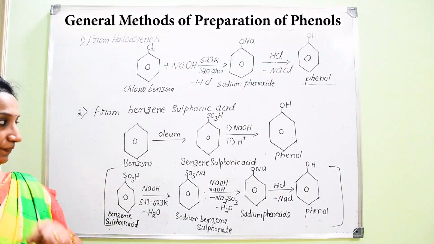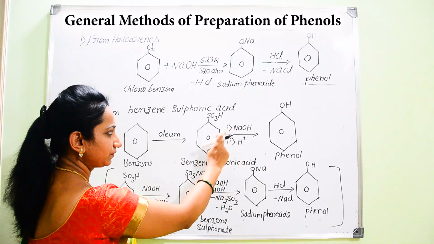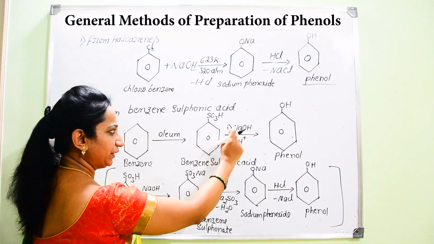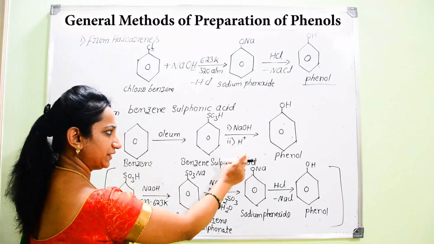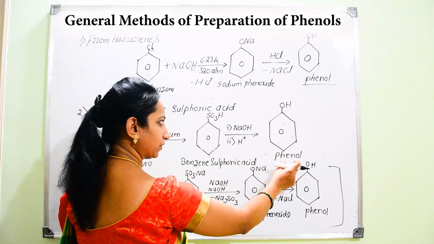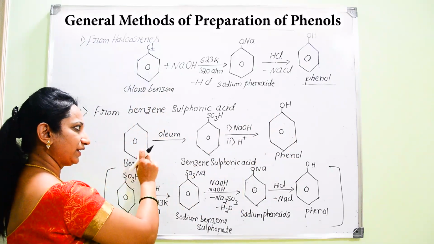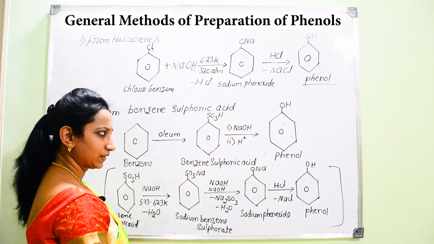And this benzene sulfonic acid, when made to react with sodium hydroxide, followed by acidification, you are going to end up with the formation of the final product, phenol. I think the first step is clear for you, but not the second step.